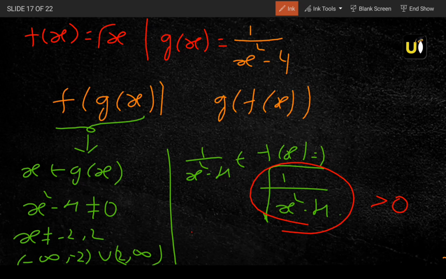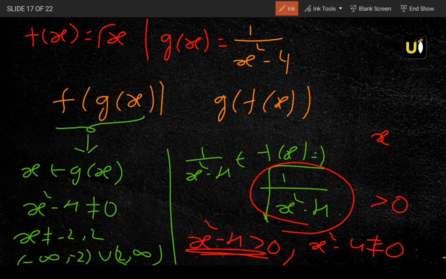See, for this term to be greater than 0, simply x square minus 4 must be greater than 0 and x square minus 4 must not be equal to 0. That means strictly this must be greater than 0 itself. So the x values can be greater than 2 and less than minus 2. So the domain of this function f of g of x is minus infinity to minus 2 union 2 to infinity. This is how we determine the domain for composite functions.